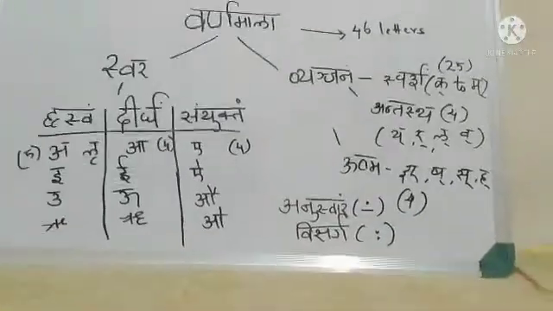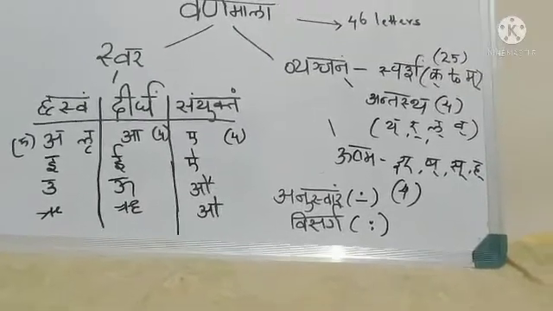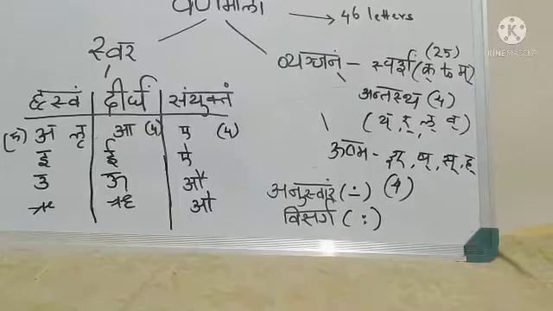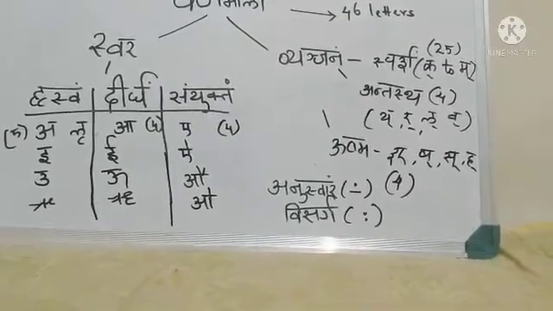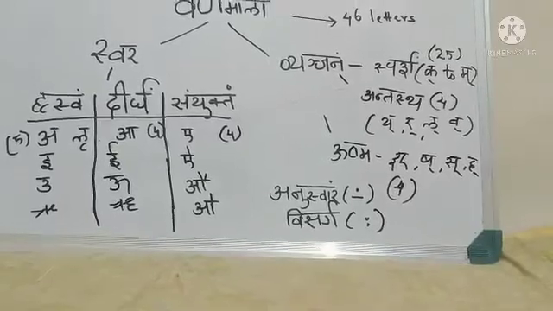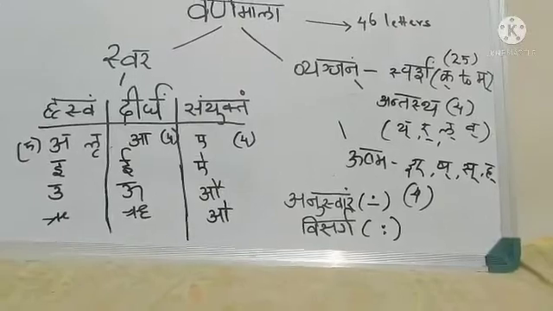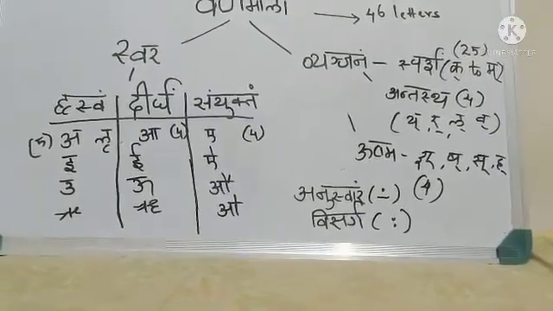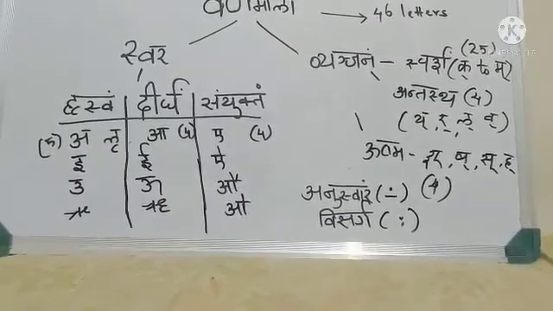Now we can go to the Vyanjana Varnas. Vyanjana Varna is again divided into 3: Sparsha, Antastha, Ushma. Sparsha: when we pronounce some letters, we touch our tongue to certain parts of our mouth.